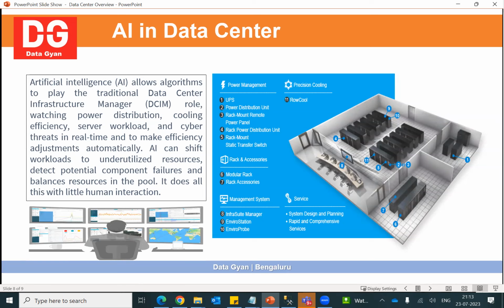Now maybe 7 or 10 people are managing that data center. That is happening because of AI and different sorts of automation tools. So this is how a data analyst can be utilized in terms of checking the data, analyzing, or predicting in the data center field. So that is all about the data center and the storage functionality.